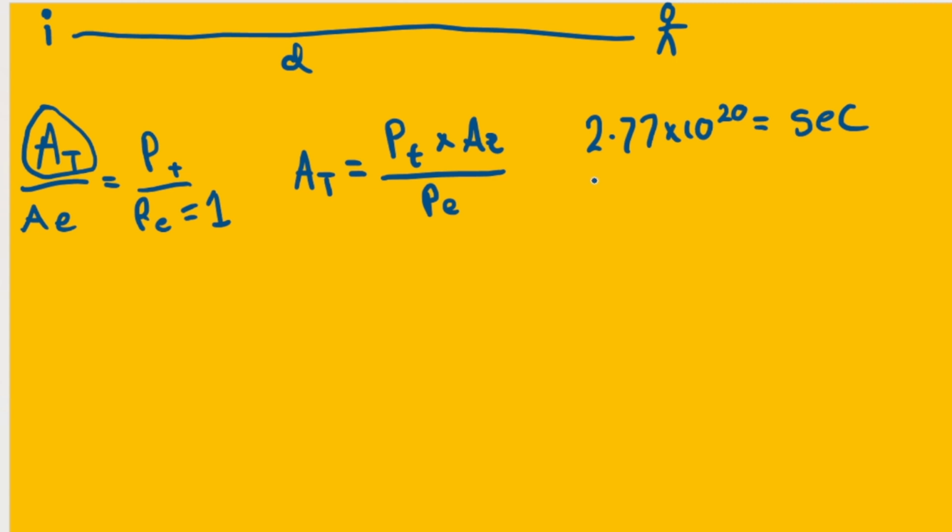So if we do 2.77 times 10 to the 20 and we divide that by 30, then we get 9.23 times 10 to the 18 photons per, well, it would be 2 milliseconds, wouldn't it? Because 60 milliseconds divided by 30 milliseconds is 2 milliseconds.